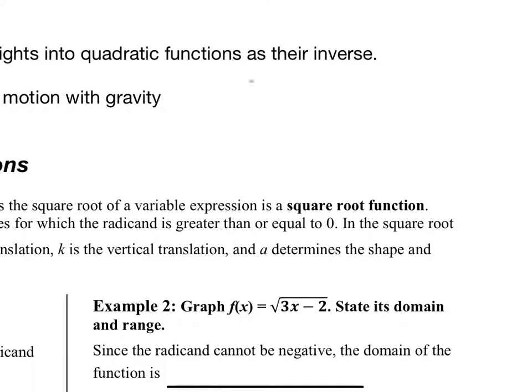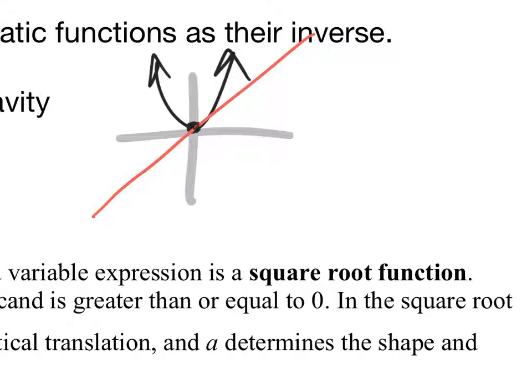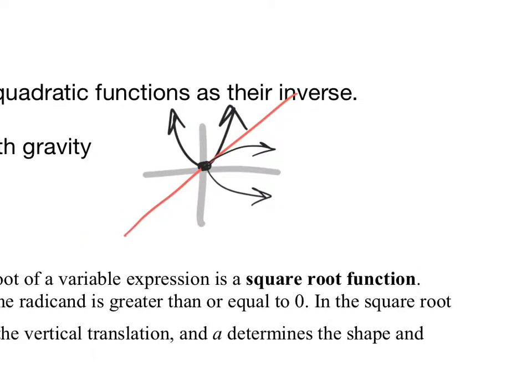Right, so if we talk about some graphs here, x squared, which we did in chapter 3, looks like that. If we talk about its inverse, which would be reflected across the line y is equal to x, would then be that sideways quadratic. Now, when we're graphing them, we only talk about this top arm.